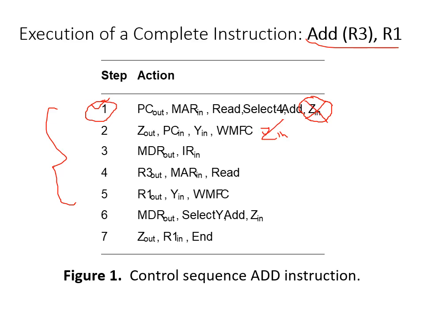This is what we studied in the first part of this module, writing control sequences. Writing every basic step in a particular step of the control sequence is very important. We cannot randomly write basic steps in any of the control sequence steps. Then the add instruction does not get executed successfully.